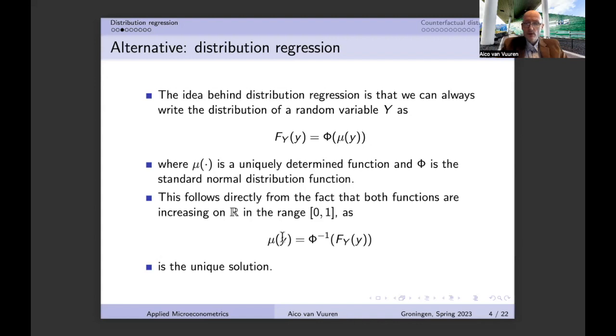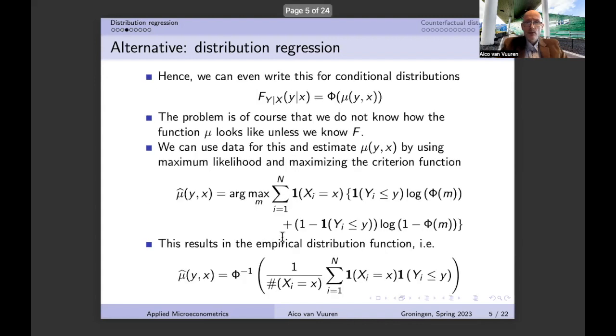Then we can also look at the conditional distribution, of course. We can do exactly the same thing with respect to the conditional distribution. Then we can say that the conditional distribution of y conditional on x can always be written as the normal distribution function evaluated in mu, y, and x, where now mu is not only a function of y, but also a function of x.